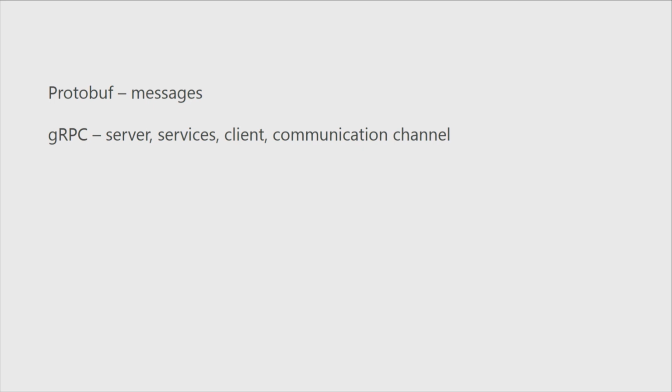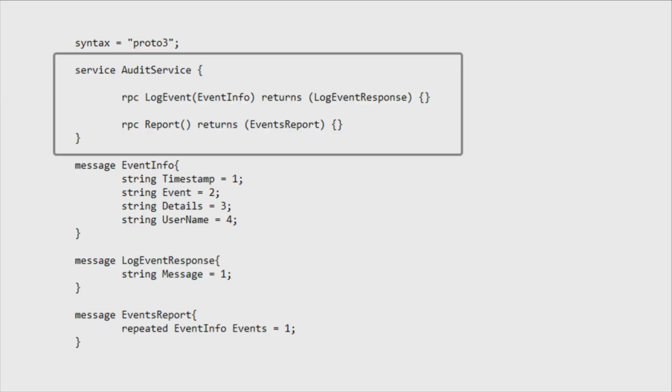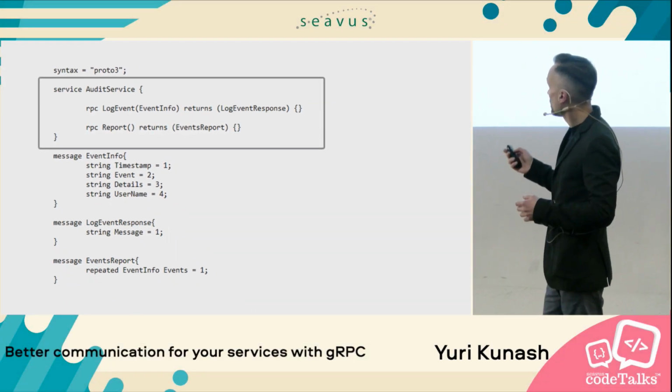And now we can go to gRPC. If protobuf gives you the messages, gRPC gives you everything else for your services. It gives you the server services, like base implementation. It gives you the client and communication channel. What we need to do to declare a service is add a service to the messages.